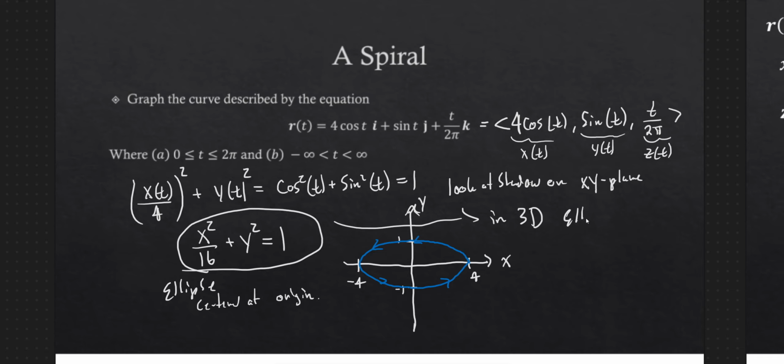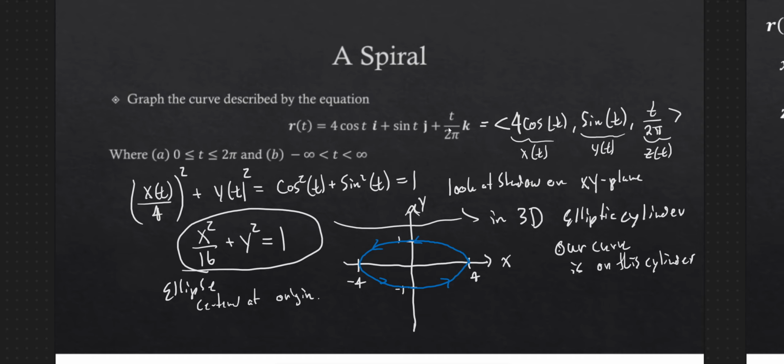Imagine the xy plane extruded along the z-axis both positively and negatively. What this is saying is that my curve, since it satisfies this equation, lies on this elliptic cylinder. It's not the whole cylinder, but it is constrained to the elliptic cylinder.